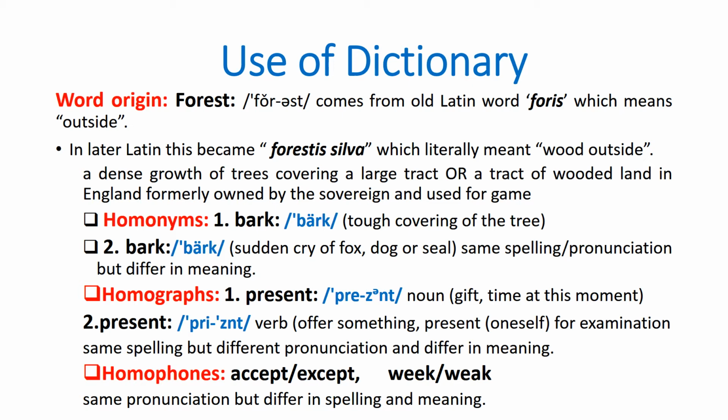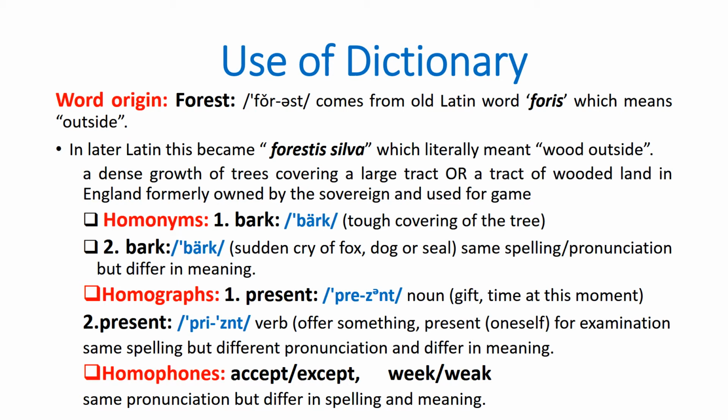Here you can see the pronunciation of present, and number one we have present. Present is a noun and it means a gift, or you can say a time, at this moment. And the word present is a verb which means to offer something or present oneself for examination. So these are the homographs.